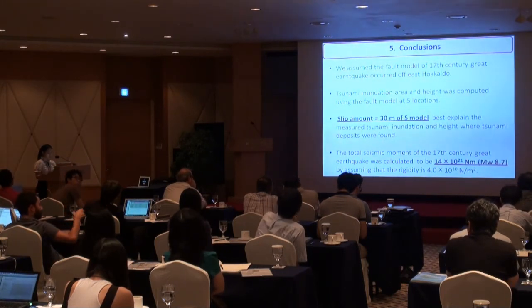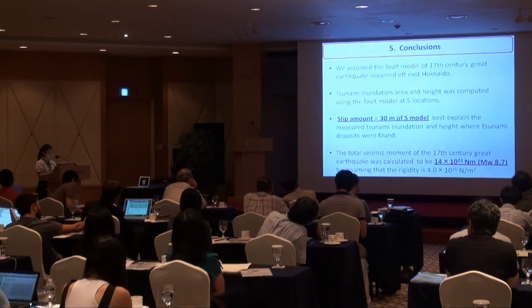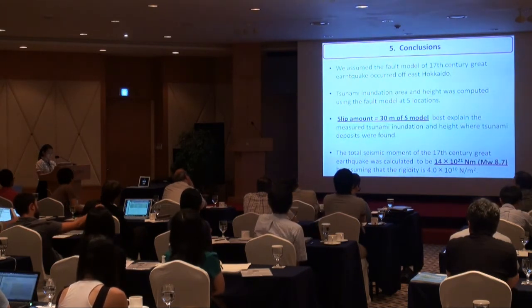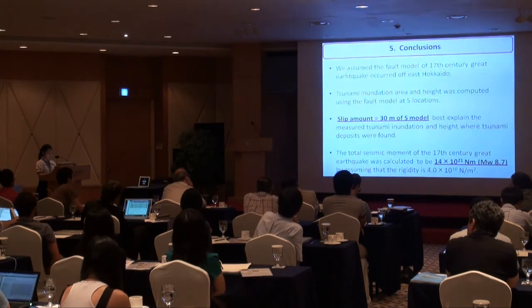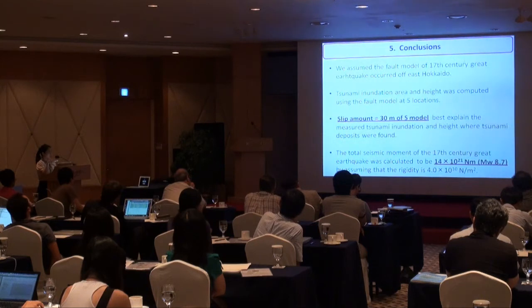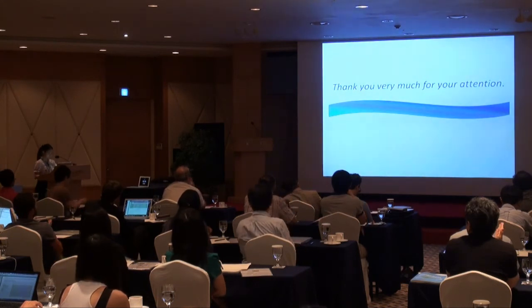This model best explains the measured tsunami inundation and height where tsunami deposits were found. The total seismic moment of the 17th century great earthquake was calculated to be this amount by assuming that the rigidity is this amount. Thank you very much for your attention.